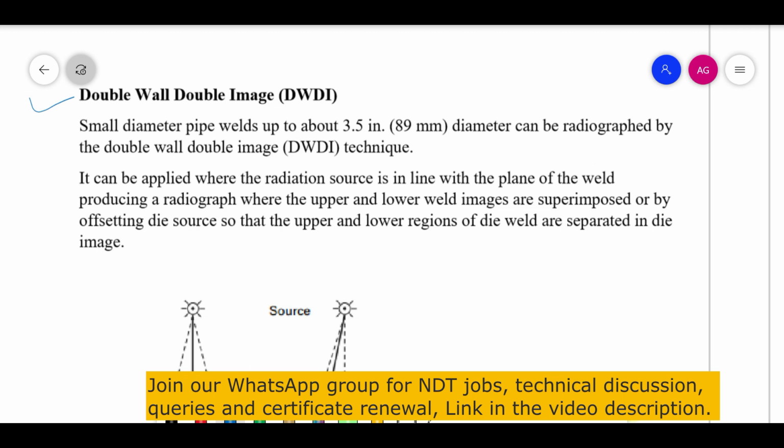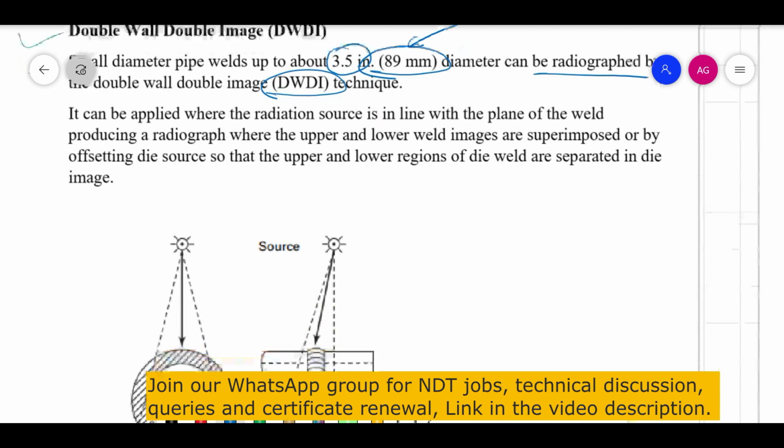Small diameter pipe welds up to 89 mm diameter can be radiographed by double wall double image, or DWDI technique. So if your job diameter is less than or equal to 3.5 inch or 89 mm, then you have to go for this DWDI technique.